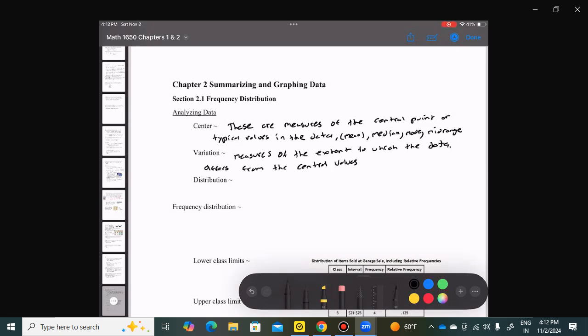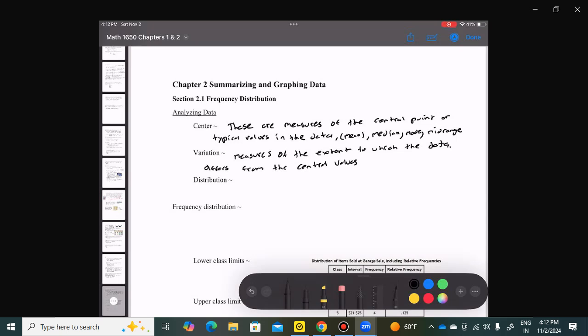So a large variation, so maybe the average is 15 and the variation goes anywhere from negative 150 to positive 150, or maybe the average is 15 and the variation goes from 10 to 20.